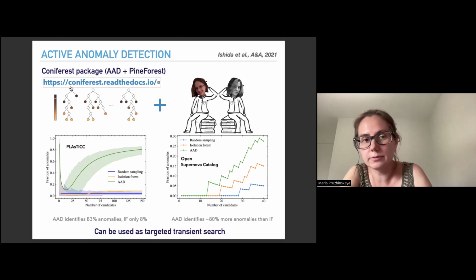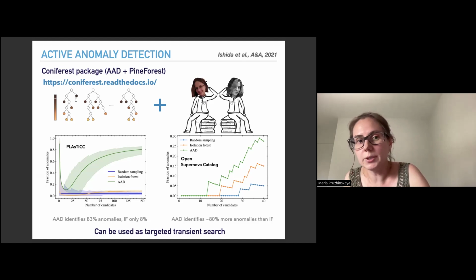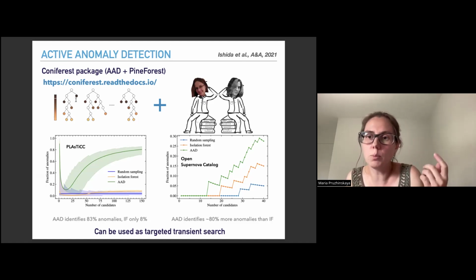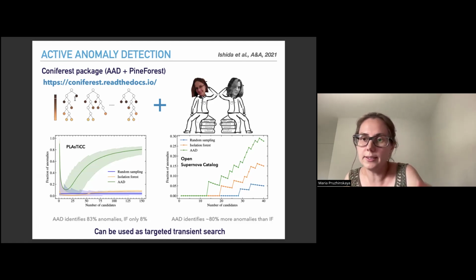This is called a tree. After that, we could build another tree and another and another. Then for each particular object, we calculate the distance between the root node and this object, kind of an average distance. The idea behind is that the most anomalous object will be separated in a leaf first.